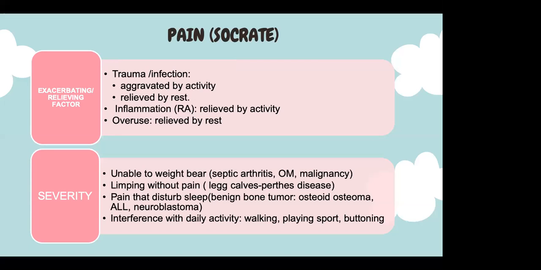Limping without pain can be due to abnormal anatomy, like Legg-Calve-Perthes disease. Pain that disturbs sleep, you might think about benign bone tumor such as osteoma, ALL, neuroblastoma. And does the pain interfere with daily activities such as walking, playing sport, and buttoning? Buttoning might indicate a small joint involvement.